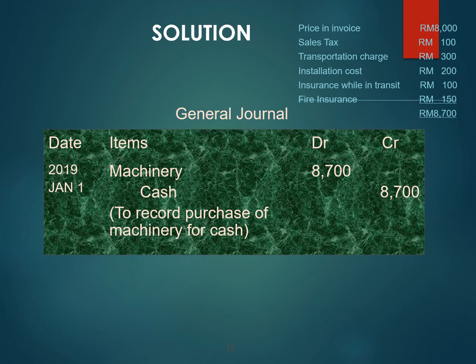We found out that fire insurance 150 is not a capital expenditure. So we cannot include 150 in the cost of the machine. So altogether, the real cost of the machine is 8,700. Okay, students? So this 8,700 you put on the debit and credit side.